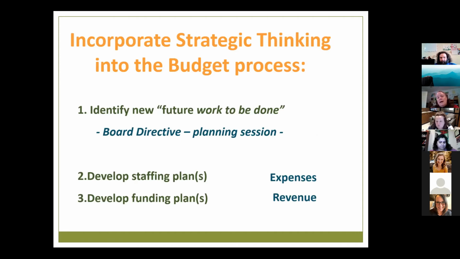Now, what I've done for organizations I've worked in, especially smaller organizations, is as part of the budget process, we just have a maybe 2.5 hour session of what new future work should we be doing? If it's part of your budget cycle, then it doesn't have to be a whole retreat.